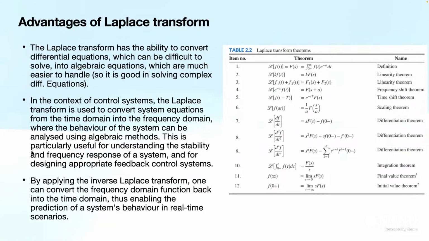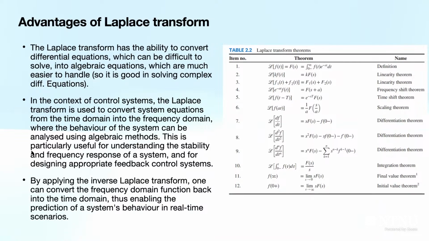So if your system is in the time domain and it's complex, just get the transfer function, check the stability of your system, design the controller, check the stability of your overall control system, and go ahead using your system in the frequency domain. By applying the inverse Laplace transform, one can convert a frequency domain function back into the time domain, which can help you predict the system behavior in real-time scenarios.